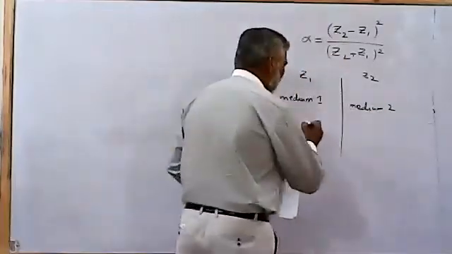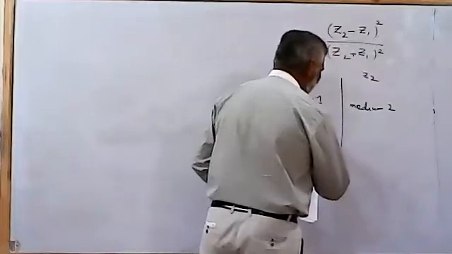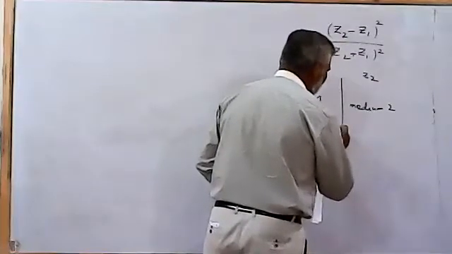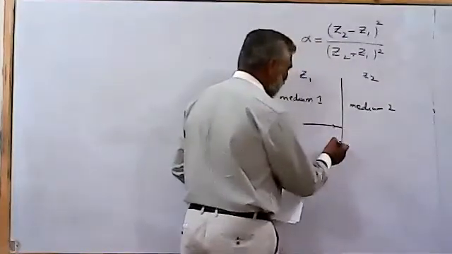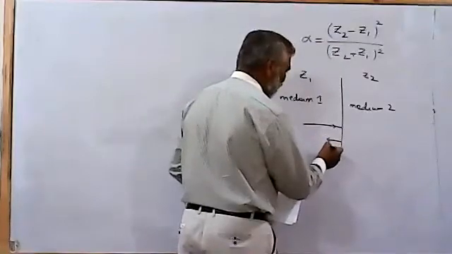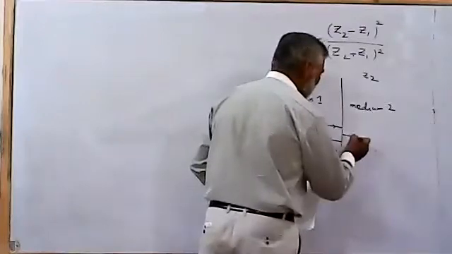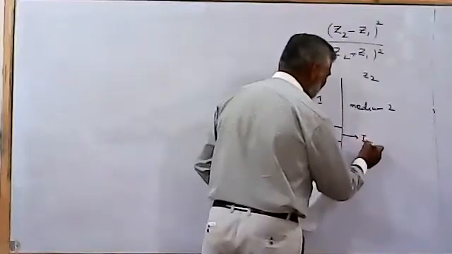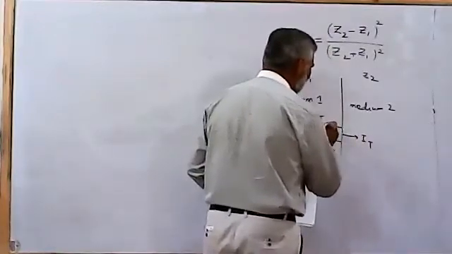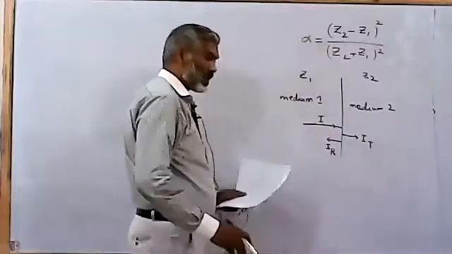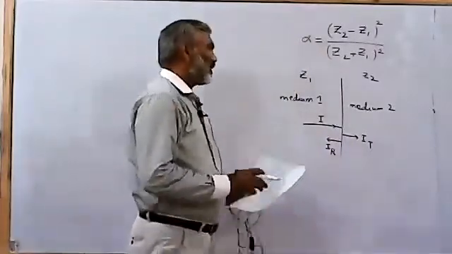When ultrasound is made incident on the boundary, how much gets reflected is IR. What gets transmitted is IT, and this is the incident intensity I. This I have already discussed with you.